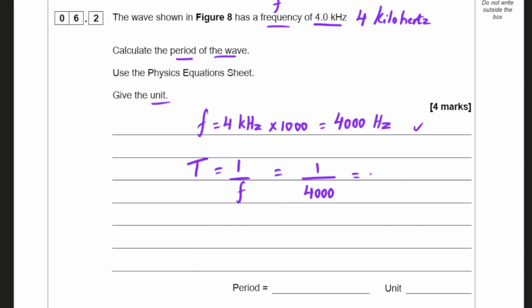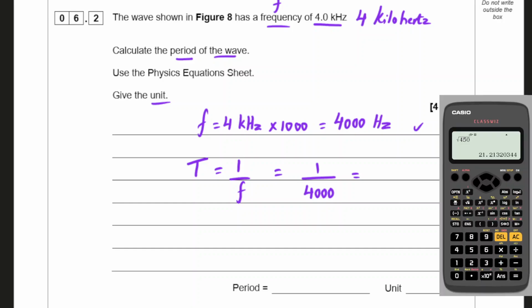is equal to, again let's bring the calculator up. So 1 divided by 4000 gives me 2.5 times 10 to the power minus 4, and it's giving me the answer in standard form. I'm just going to leave the answer in standard form.